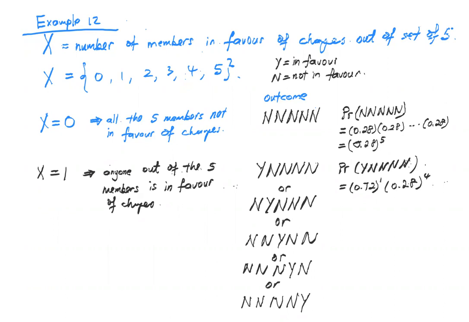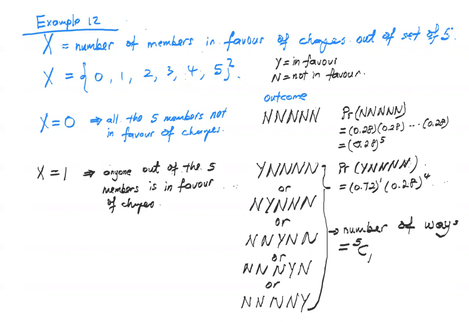So now, how to find the number of ways of doing this? We use this formula. 5C1. 5, you choose 1.